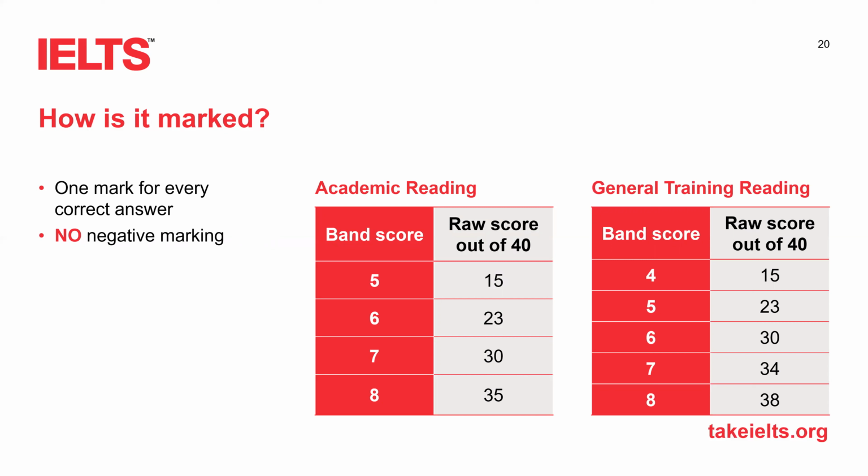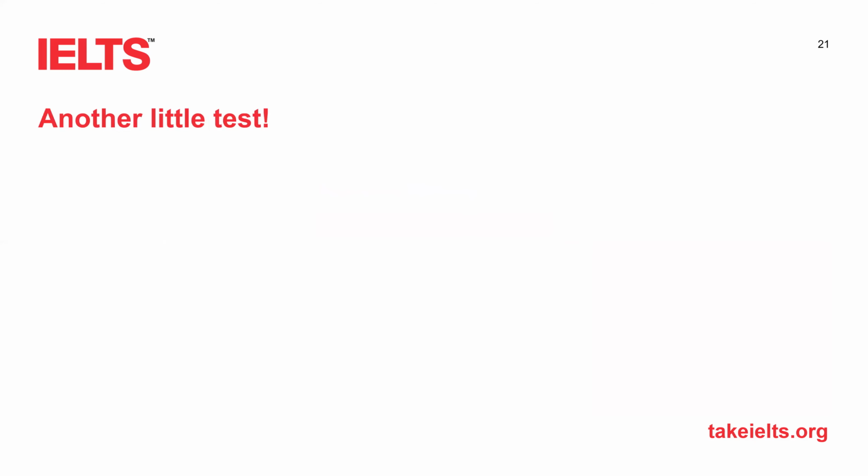But in order to get the same score in the general training reading, you will need to get 34 out of 40. So even though a lot of people think that the general training reading is easier, the marking is a bit more stringent or difficult.